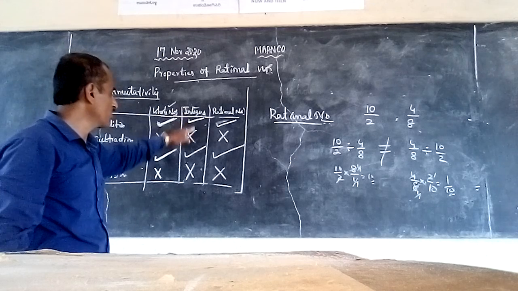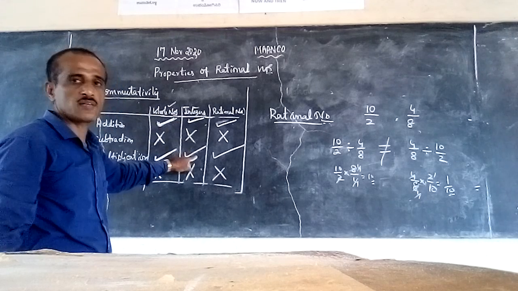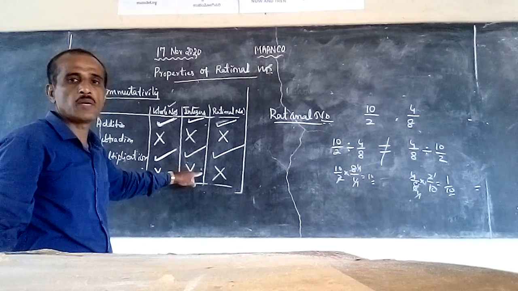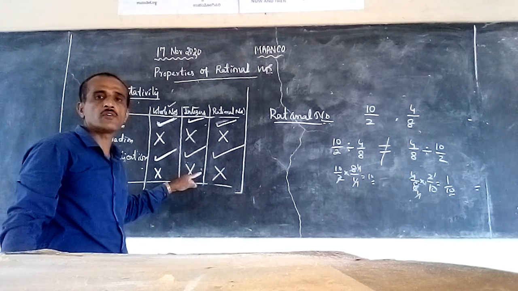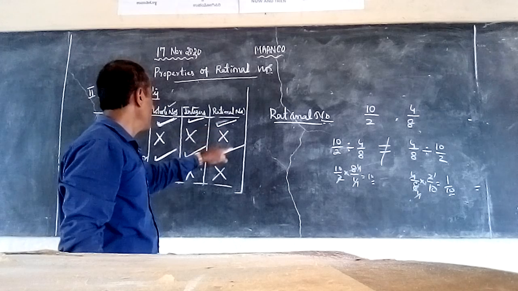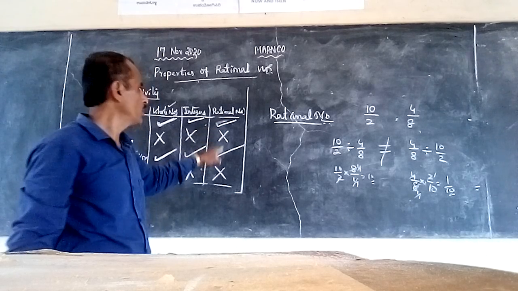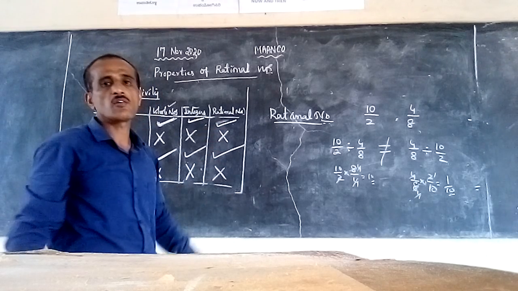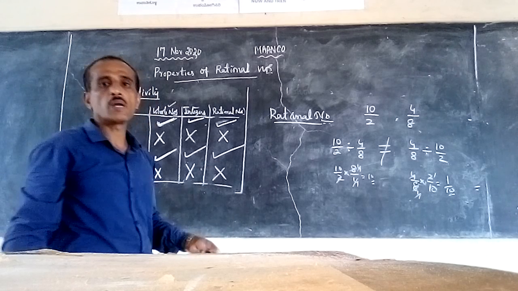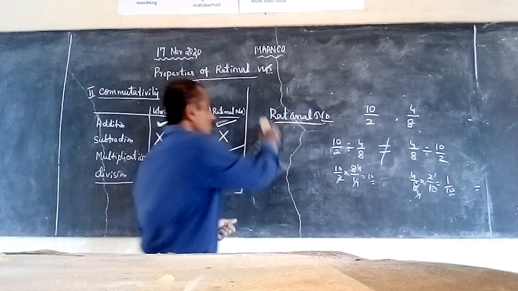In the same way, for integers also, addition and multiplication are commutative, subtraction and division are not commutative. For rational numbers also, addition and multiplication are commutative, subtraction and division are not commutative. Okay, so this is about the commutative property.